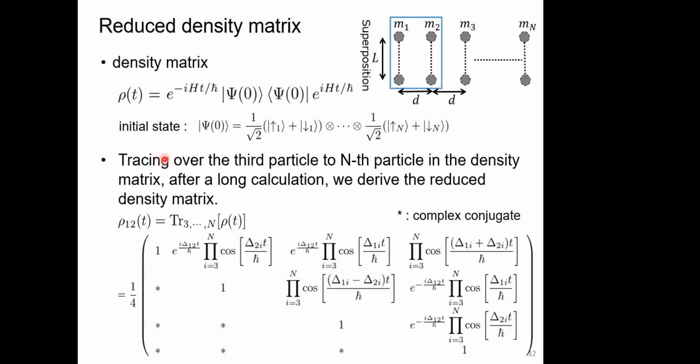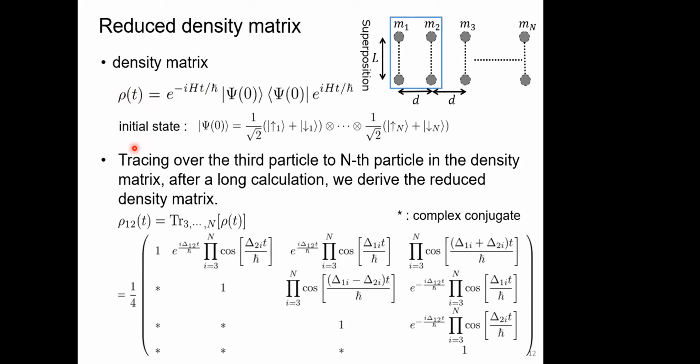We consider the quantum state of the system described by the density matrix rho to investigate the entanglement. Neglecting the decoherence due to other environments, we assume that the state evolves unitarily by the Hamiltonian and the density matrix is given by this form. Then we focus on the entanglement between the first and second particles.